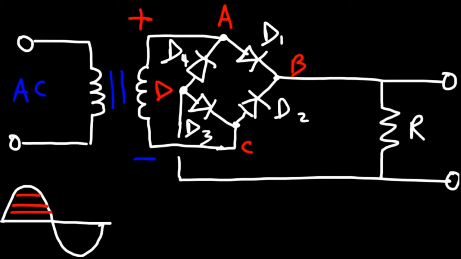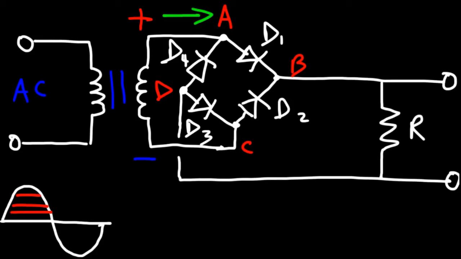So that's going to be the polarity of the secondary side of the transformer. Conventional current will always flow from a high potential to a low potential. Now keep in mind, this is in the opposite direction of electron flow. So electrons actually flow in the opposite direction. So the green arrows will represent the flow of conventional current.